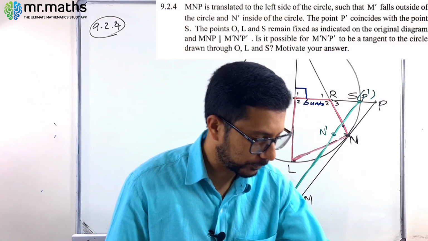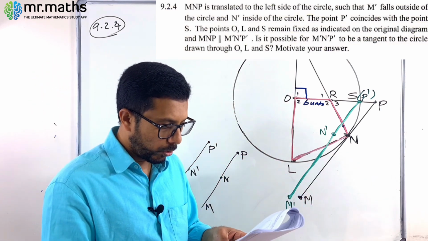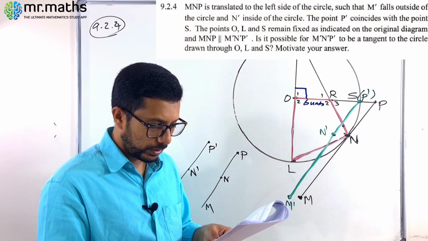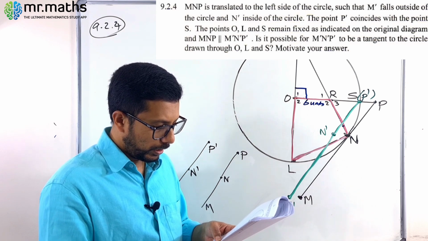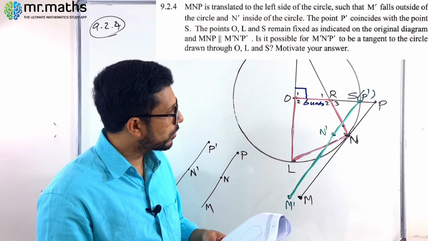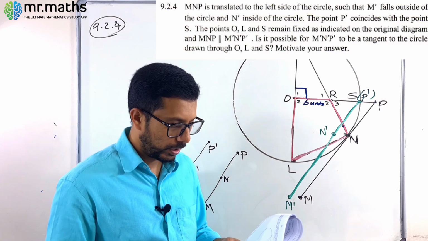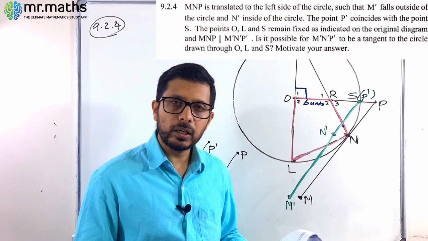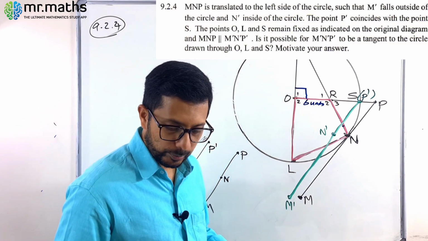Next sentence: the points O, L, S remain fixed as indicated on the original diagram. MNP is parallel to M dash, N dash, P dash.